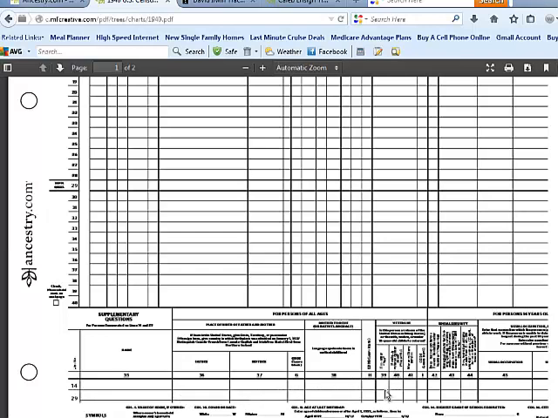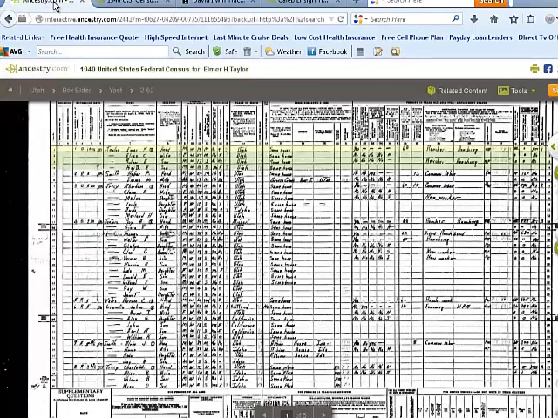Okay? And a couple other stuff that doesn't make a lot of difference. Okay, and then for all the codes that you see, here's where they're listed and what they mean. But to us, they don't mean anything. Okay, so let's go look at the real census.